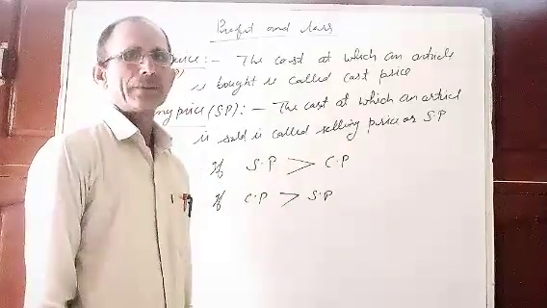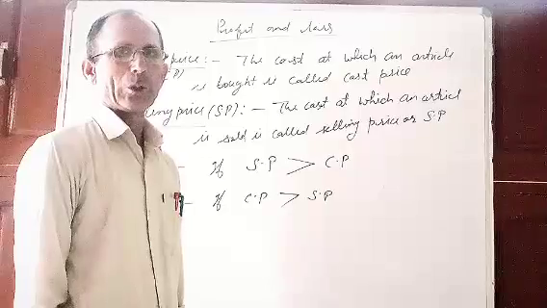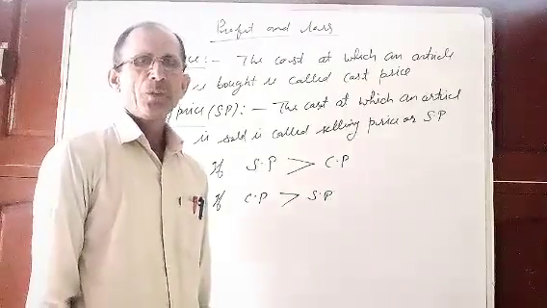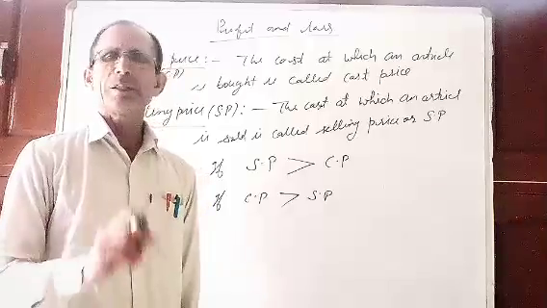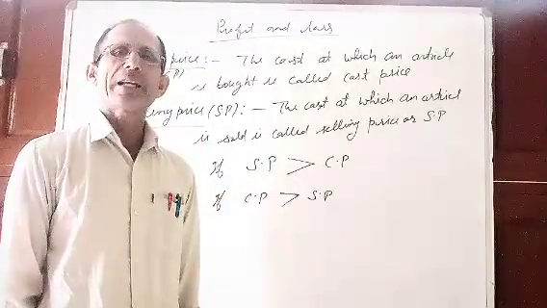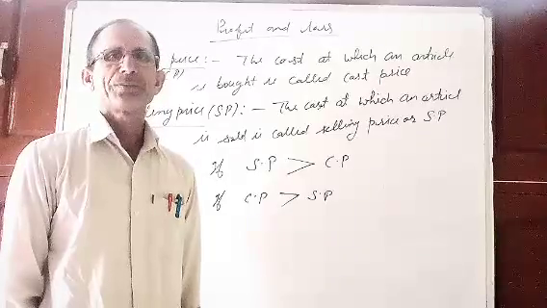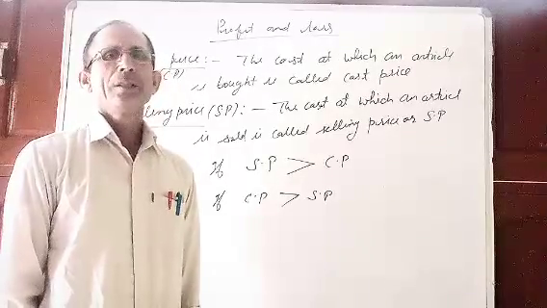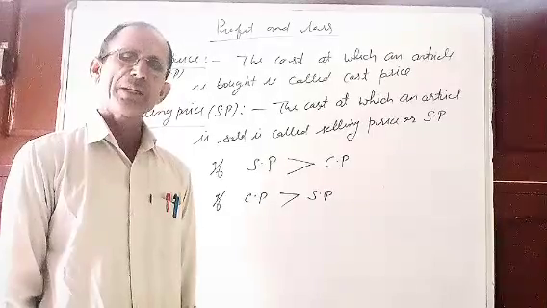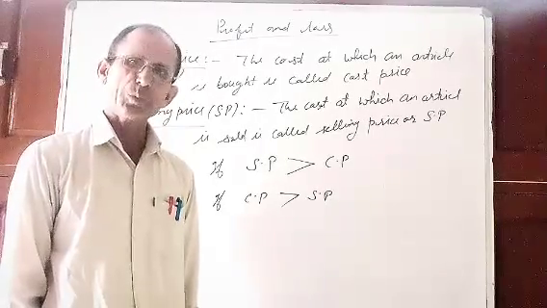After finding profit and loss, we have to find profit percent and loss percent. For this, you have to keep one thing in mind. Profit or loss percent is always calculated on cost price.